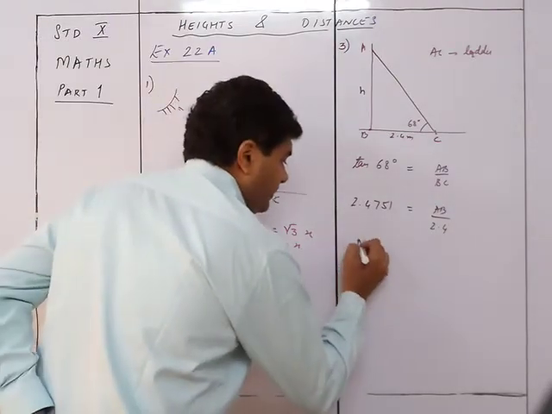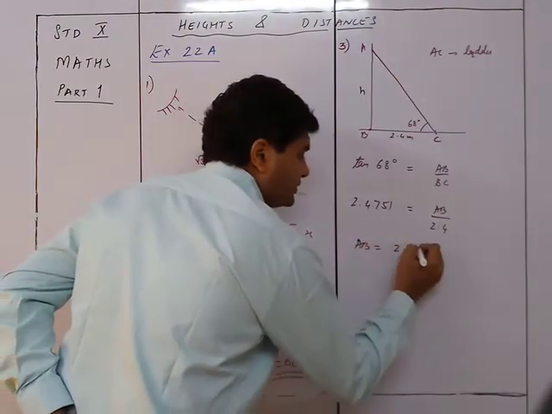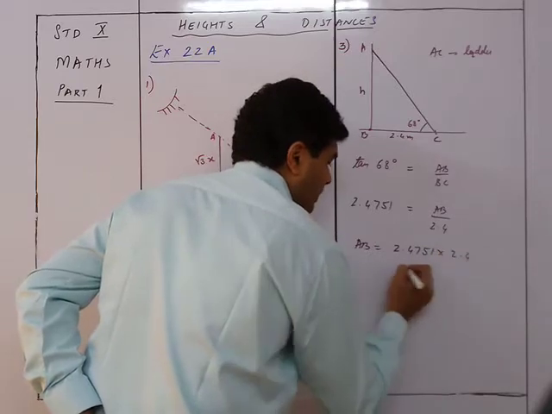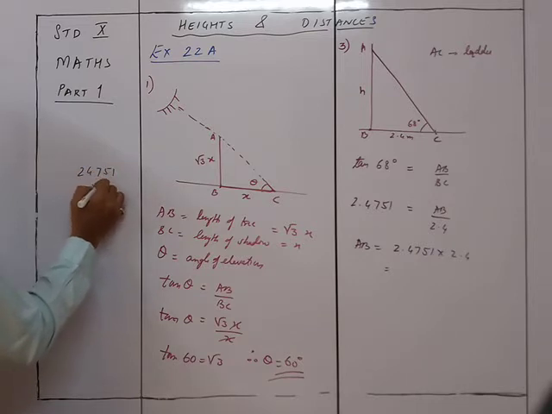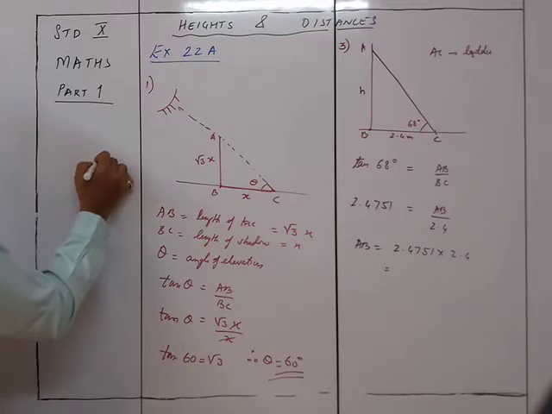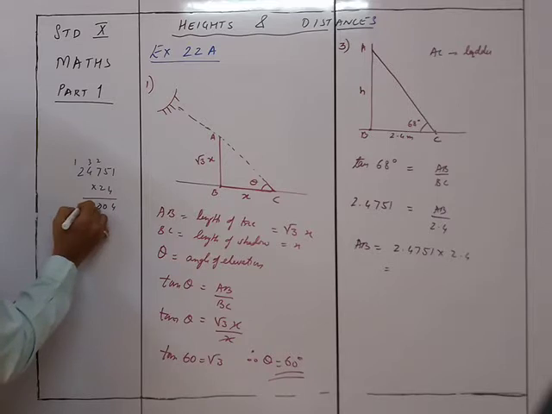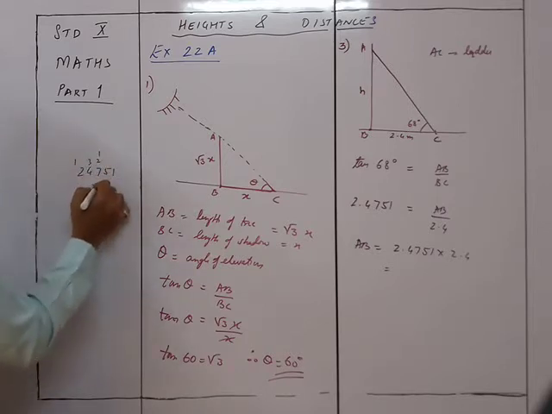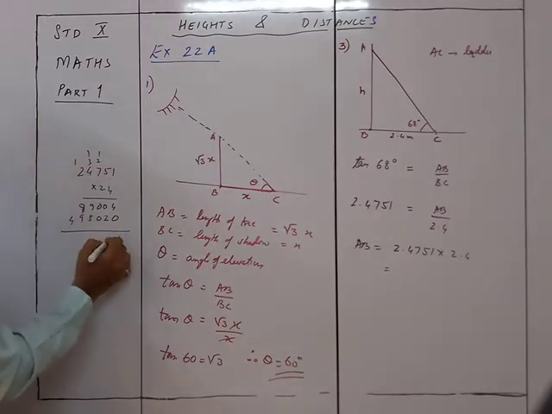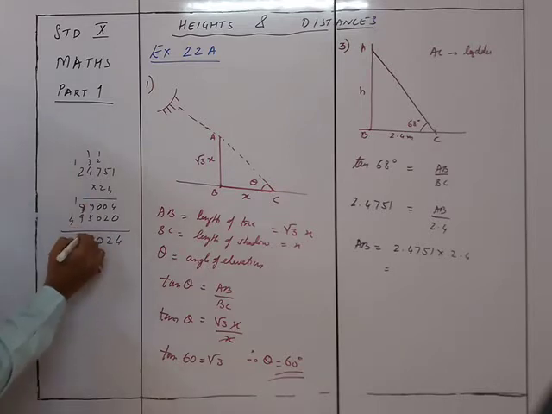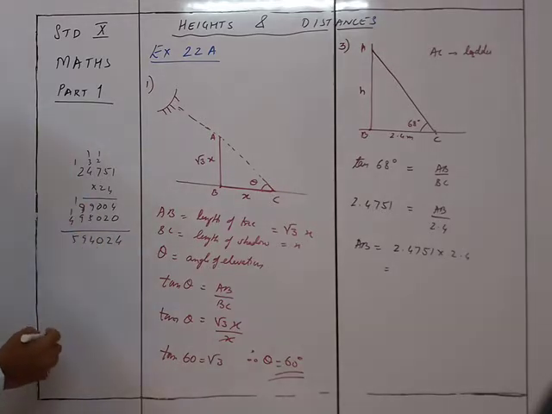So therefore AB is equal to 2.4751 into 2.4. Multiplying 24751 by 24, we get 594024.